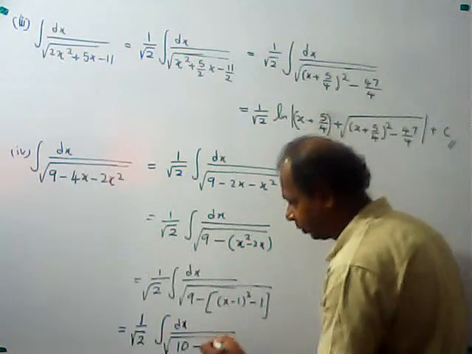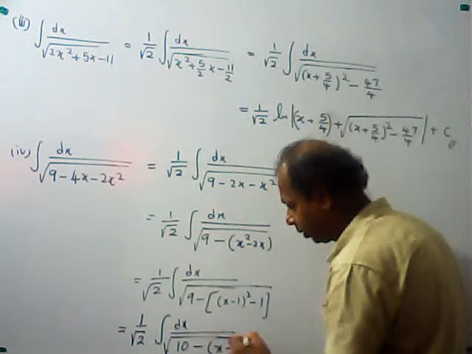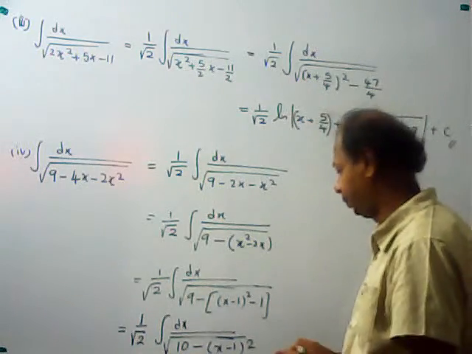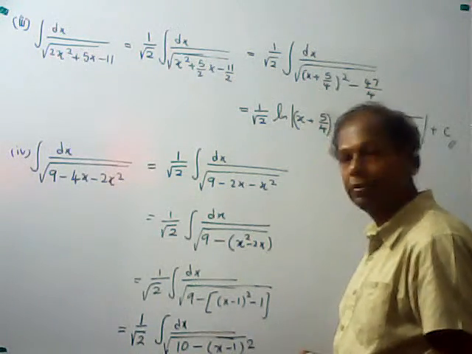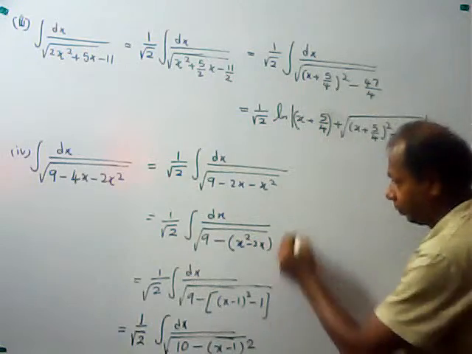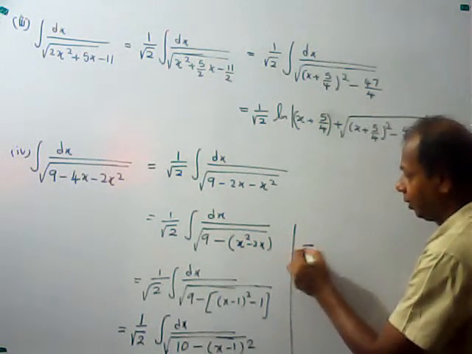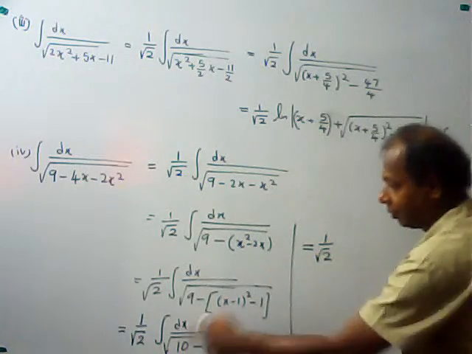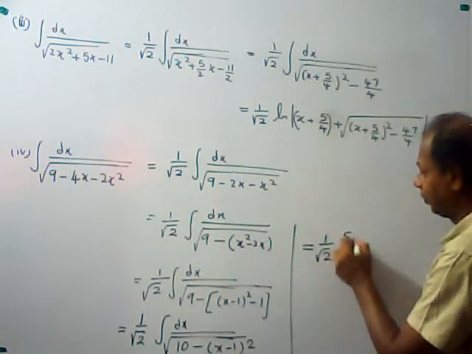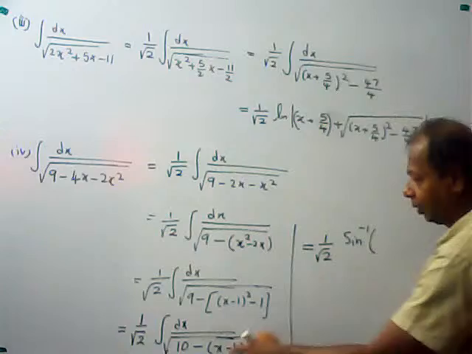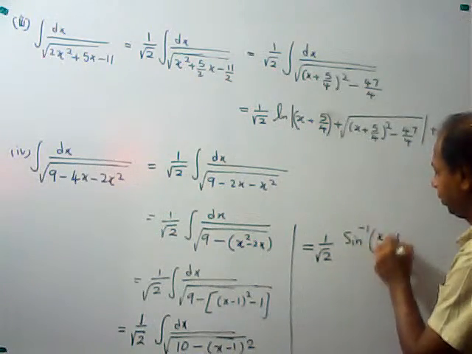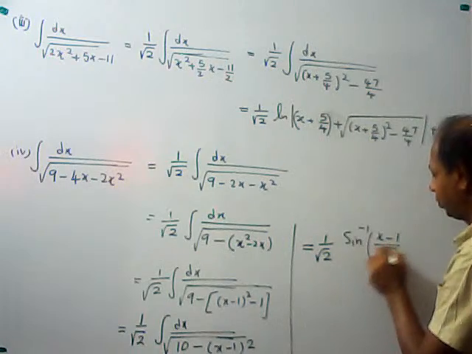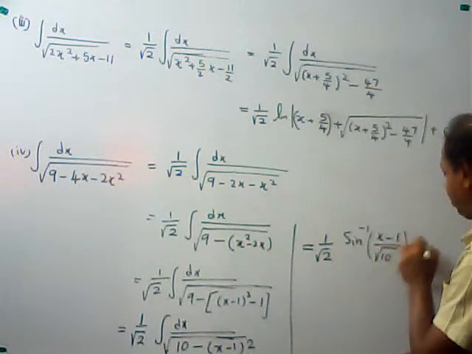Yes, you can see it. Now it is the sin inverse form. Equals 1 over root 2 is there. This is sin inverse of (x plus 1) over square root of 10, plus c.